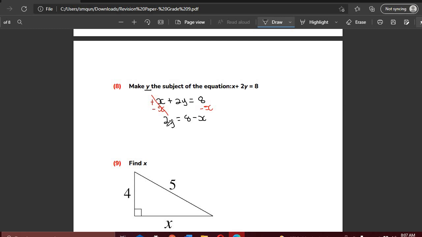We know how to get rid of coefficients: you divide both sides of the equation by that coefficient. Once you've done that, you can cross out the coefficient and write what you have left. So the final answer is going to be 8 minus x all over 2.